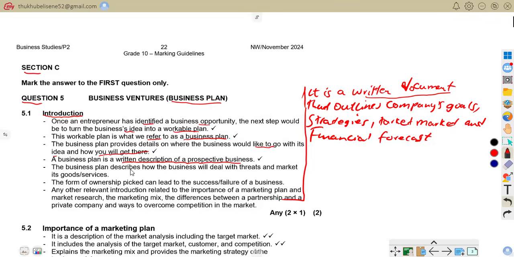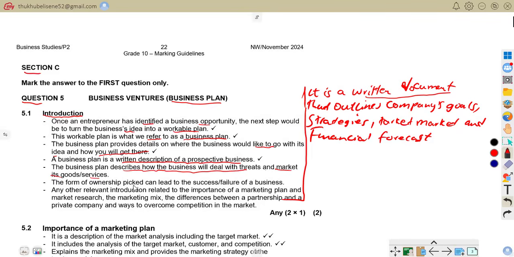That is why we are saying it's a written description of a prospective business. The business plan describes how the business will deal with threats and market its goods or services. So it is in the business plan that it is stated how the business will deal with the threats that might come into the market.